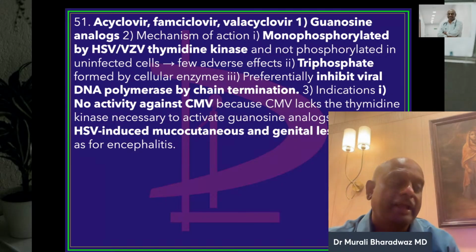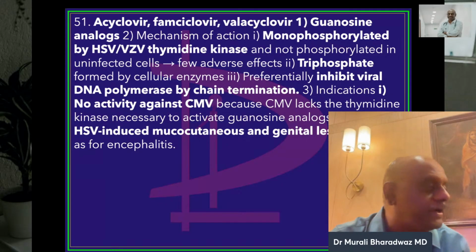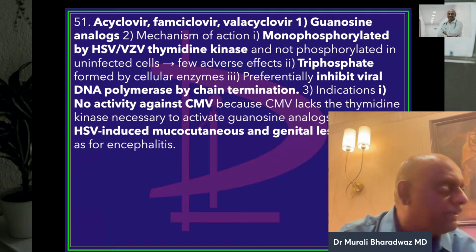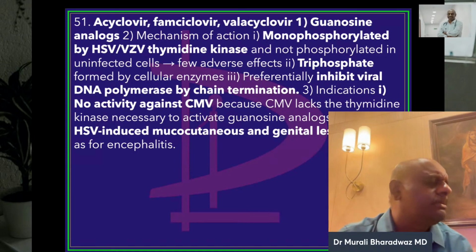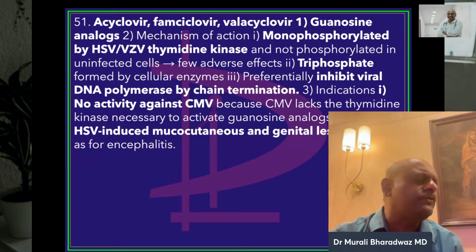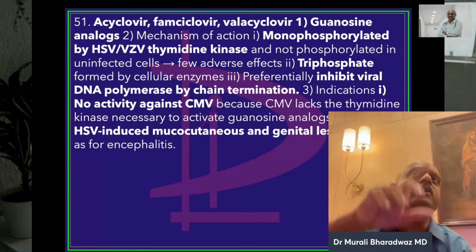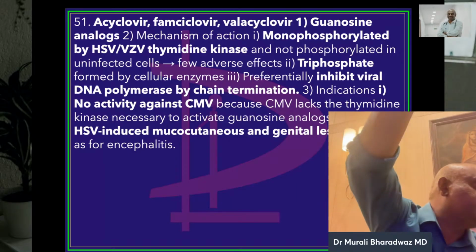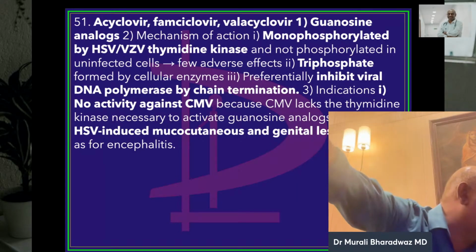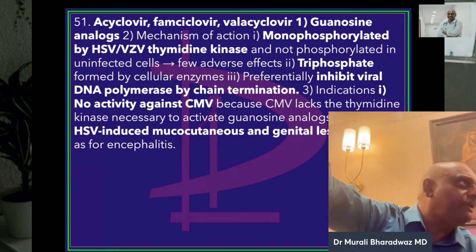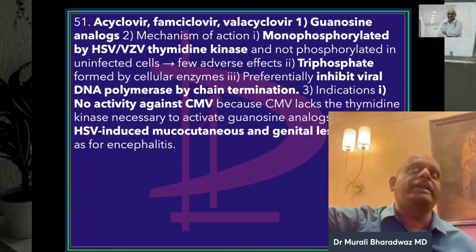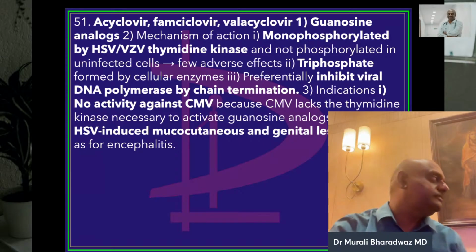So mala cheppandi, acyclovir should get first monophosphorylated by using the viral thymidine kinase. After that, it will become biphosphorylated, triphosphorylated by the cellular kinases. Then it will compete with the guanosine triphosphate integration into the DNA, and the viral replication gets stopped because the viral DNA cannot multiply.